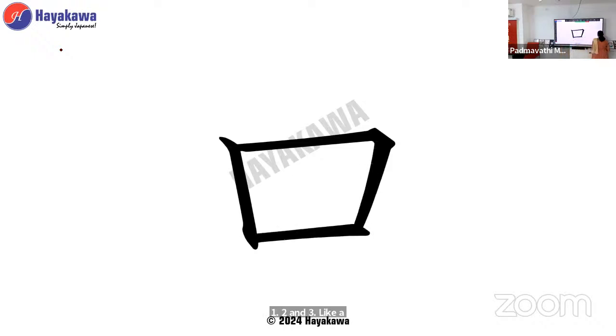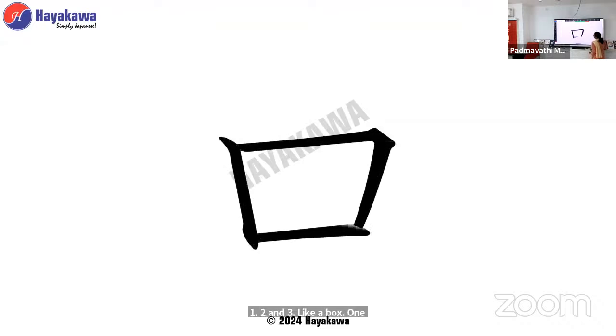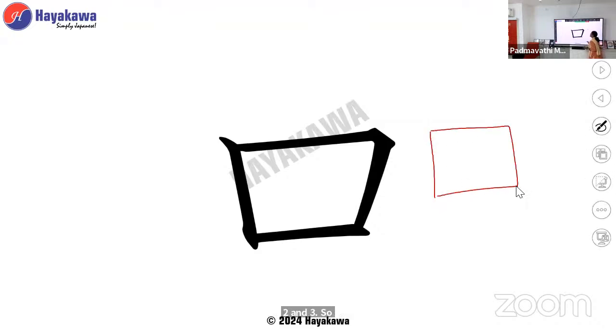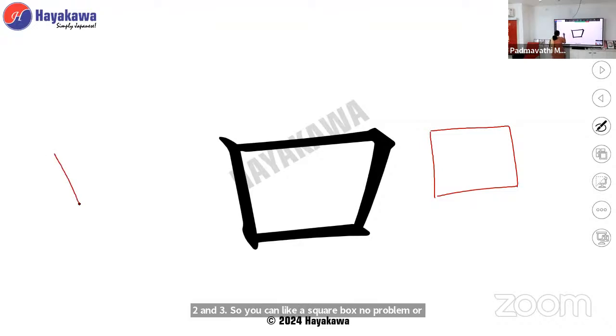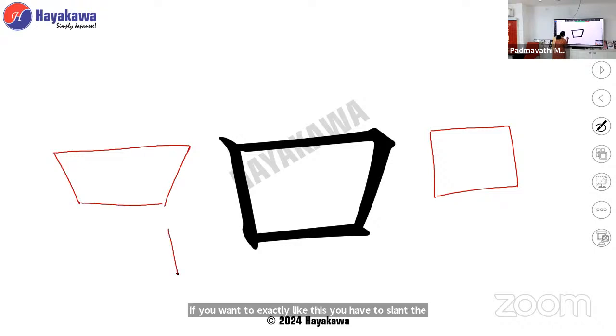ro. 1, 2, and 3. Like a box. 1, 2, and 3. So you can put it like a square box, no problem. Or if you want exactly like this, you have to slant the sides like this, right? In a square form. So 1, 2, and 3. The sides should be slanted in.